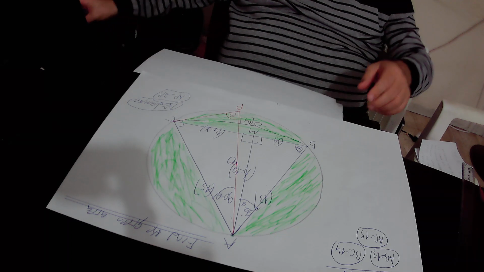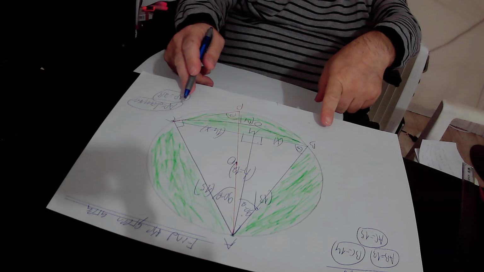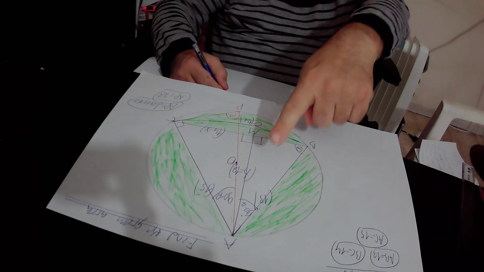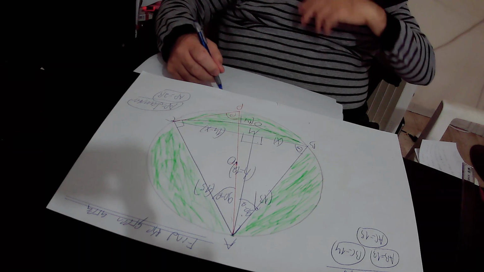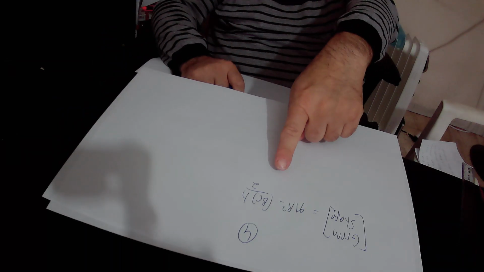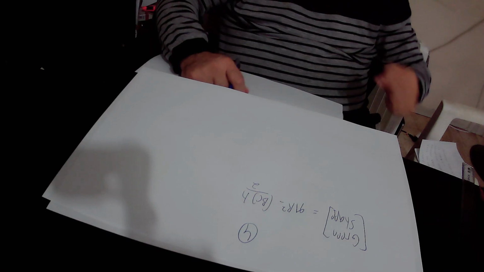The area of any triangle equals the base of the triangle, that is BC, times the height to the base, that is H, over 2. Repeat again. The area of triangle ABC equals the base BC times the height H over 2.